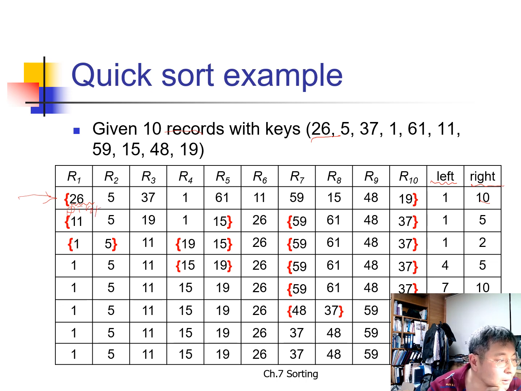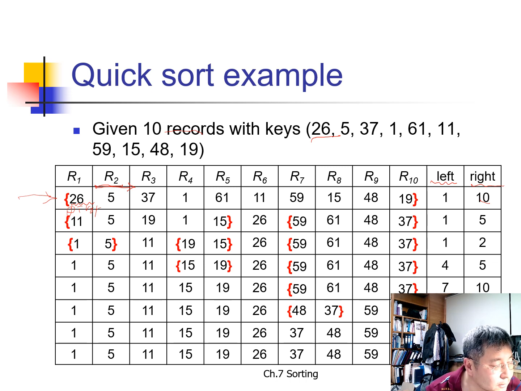And we will continue to search from left to right using the I index, I++ do loop, and also we will continue to compare data with the pivot value 26.